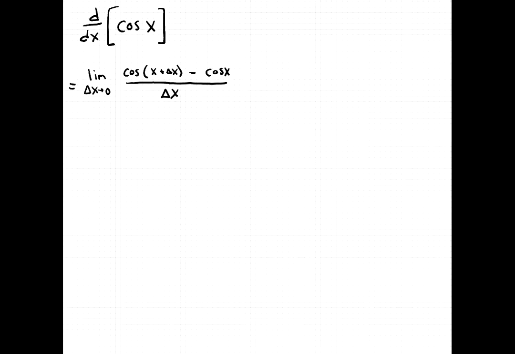We're applying our limit definition of the derivative, where f prime of x is equal to the limit as delta x goes to 0 of f of x plus delta x minus f of x all over delta x. So in this case, f of x is cosine of x.